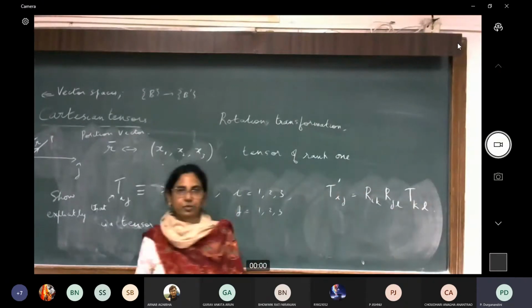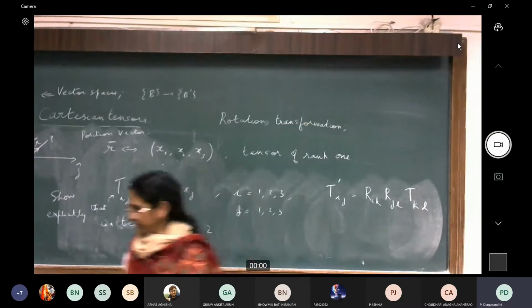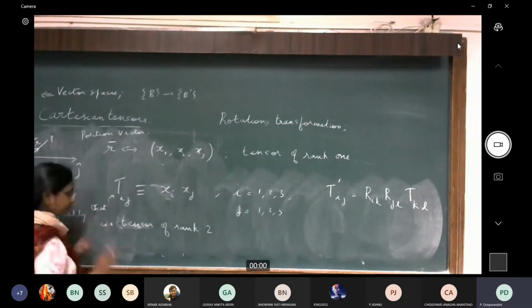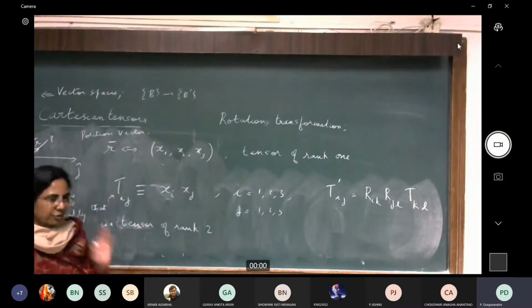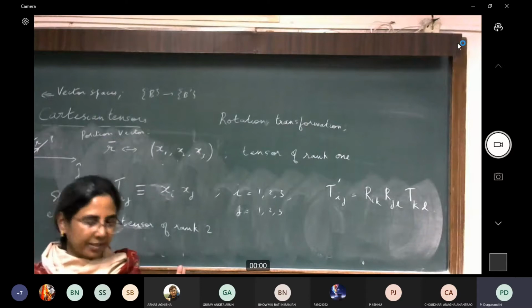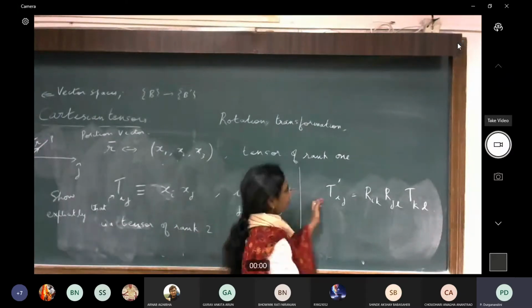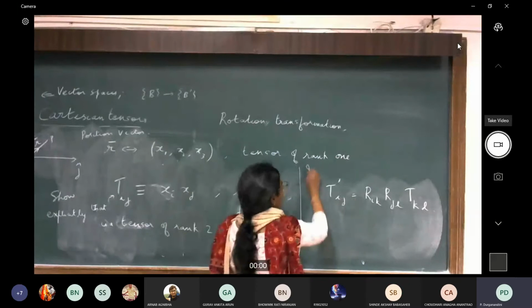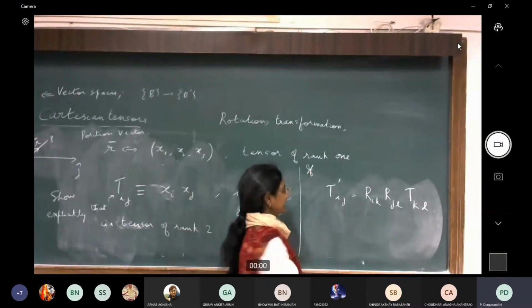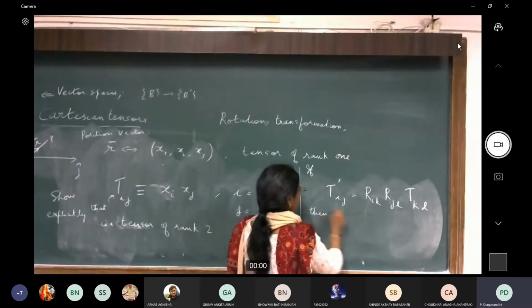This is what you must show. To prove that, first of all, it has 9 components, and a tensor of rank 2 must have 9 components. So that part is satisfied. The next part you have to show is that the transformation properties must satisfy this. If the 9 components transform like this, then your Tij is a tensor of rank 2.